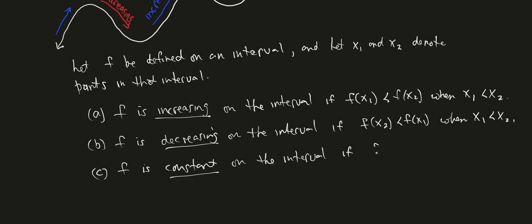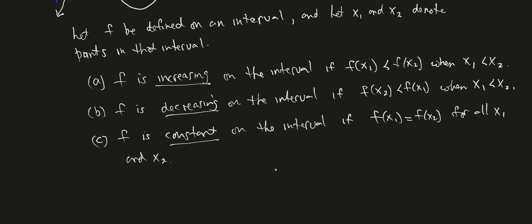So f of x1 would be equal to f of x2 for all x1 and x2, right? What this is saying is that the y value is the same, so there is no going up or going down, it's constant, right?